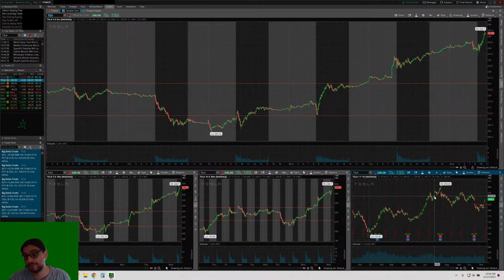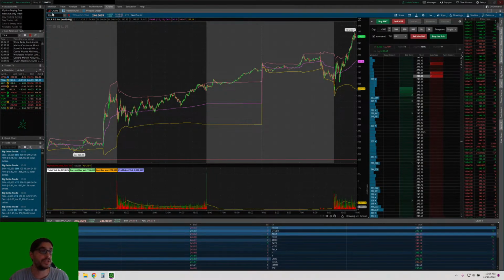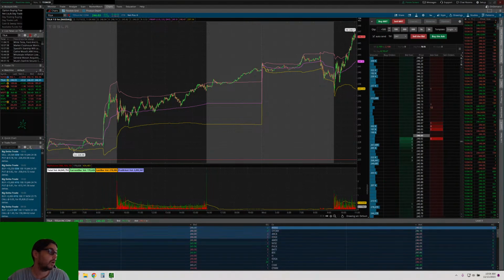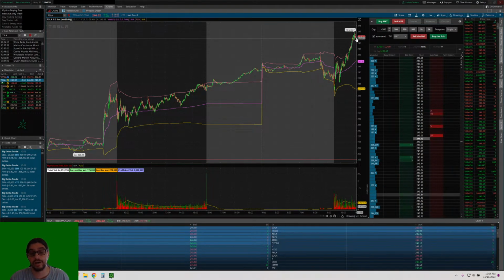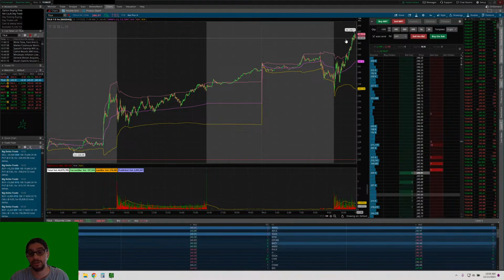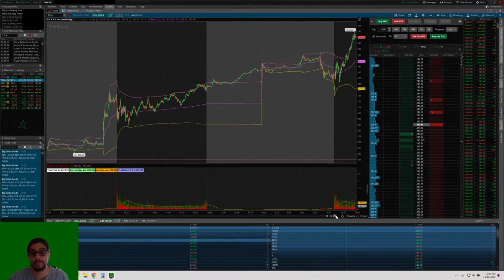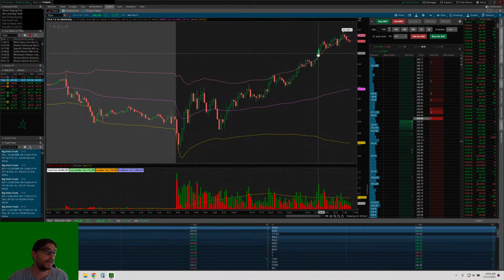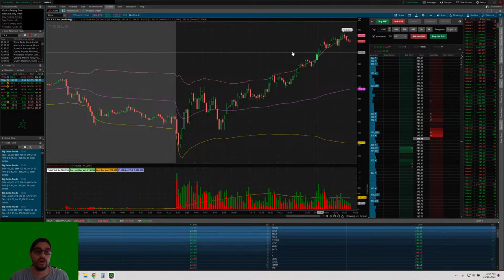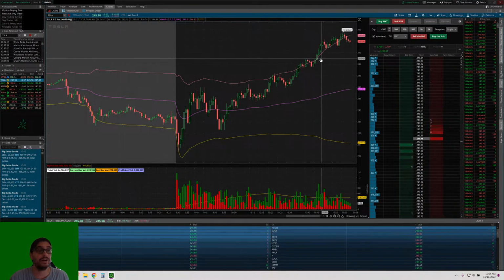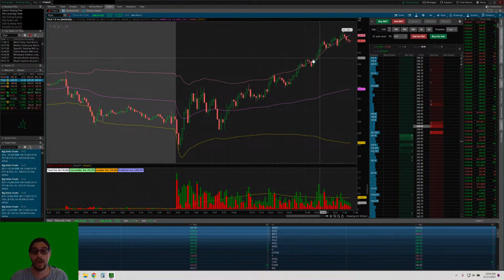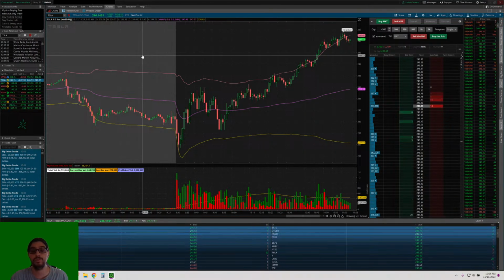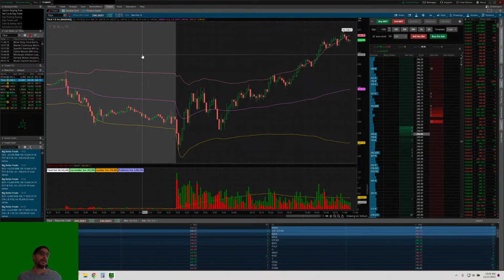If not, definitely well into the 50s is what I'm thinking. I don't think we're going to have any major pullbacks. In all honesty, I should probably try to buy some shares in and just sit through some of this chop. But I kind of want to hold on to the profit margins that I already got. So I'm not going to do that, but I might look into potentially doing an option play.